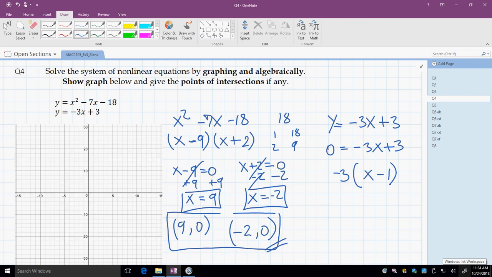A negative and a negative will give me positive. 3 times 1 will be 3. Yeah, we factor in the greatest common factor. So now I have x minus 1 equal to 0. Add 1 on both sides of the equal sign. Cancel 1. Now I have x is equal to 1.